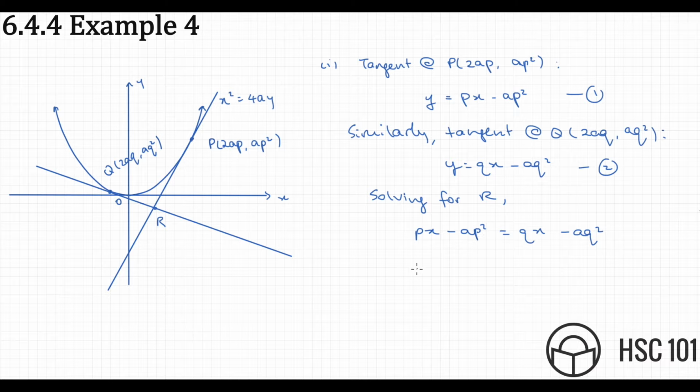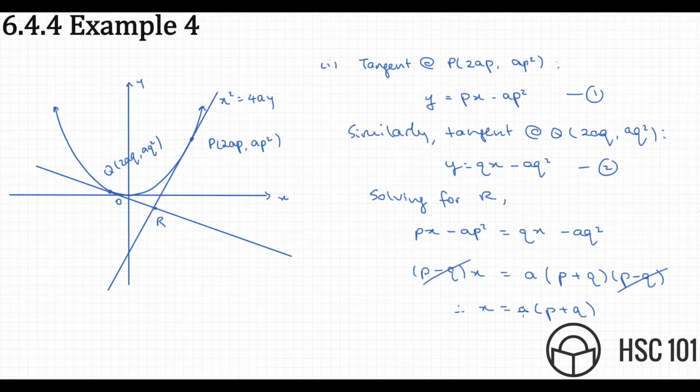So I've got px - qx, which is (p - q) lots of x, equals, move the -ap² to the right. So I've got ap² - aq², which is a(p² - q²), by difference of two squares becomes (p + q)(p - q). And here we can cancel the (p - q) away, and that's going to leave us with x = a(p + q).